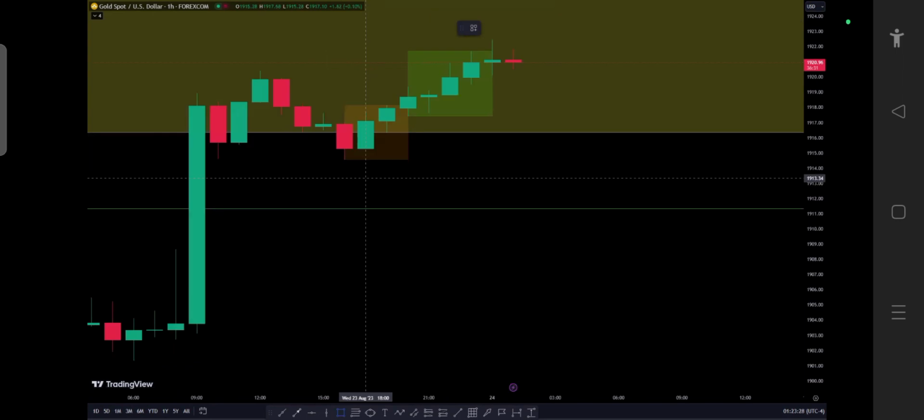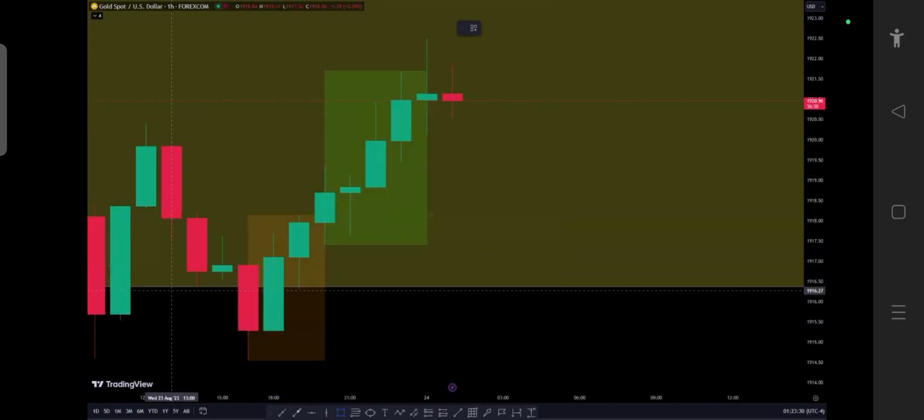Also guys, I just noticed this low is being taken out, so that's up candle merging with the fair value gap, so that's a breaker.